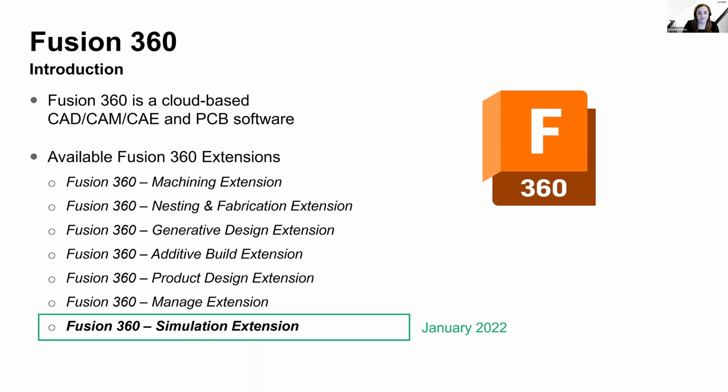This presentation obviously will stick to the simulation extension, which was only just released back in January. So it's still fairly new to the realm of the Fusion 360 extensions. So let's see what it's all about and see what people are getting excited about using it.